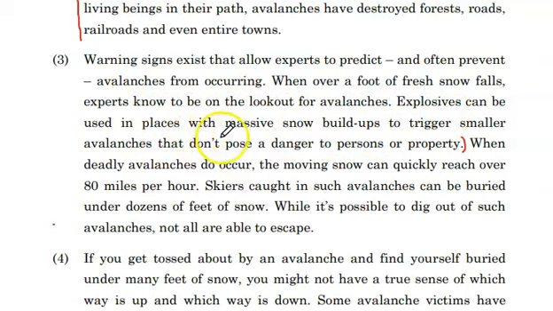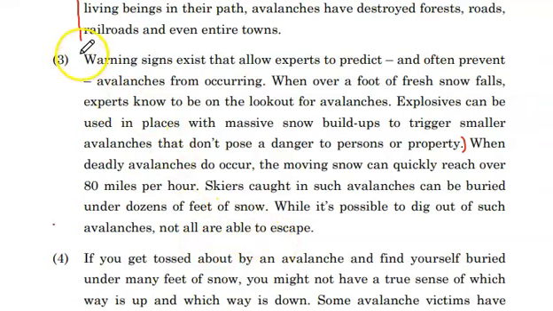Explosives can be used in places with massive snow buildups to trigger smaller avalanches that don't pose a danger to persons or property. When deadly avalanches do occur, the moving snow can quickly reach over 80 miles per hour. Skiers caught in such avalanches can be buried under dozens of feet of snow. While it's possible to dig out of such avalanches, not all are able to escape.